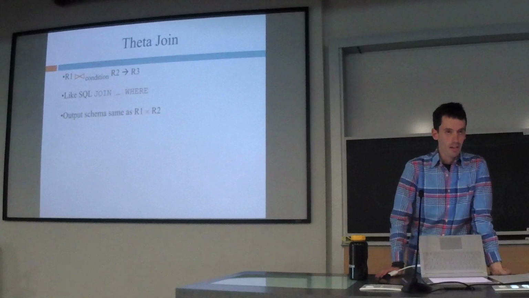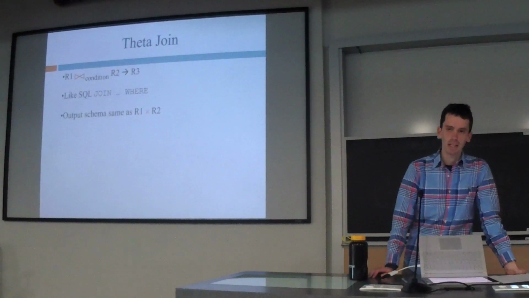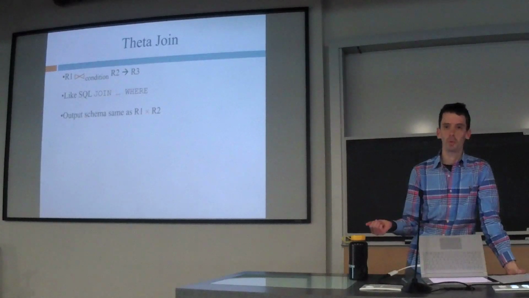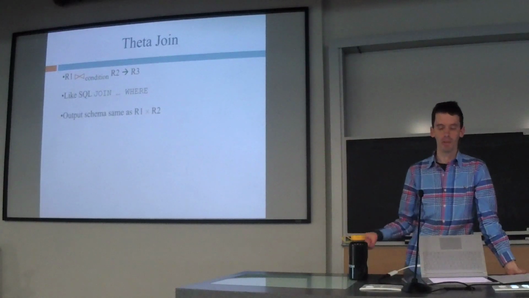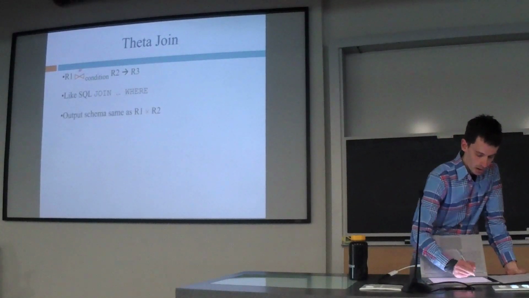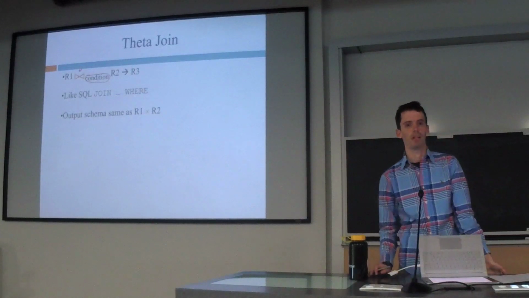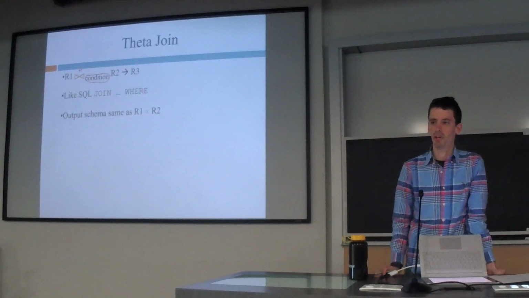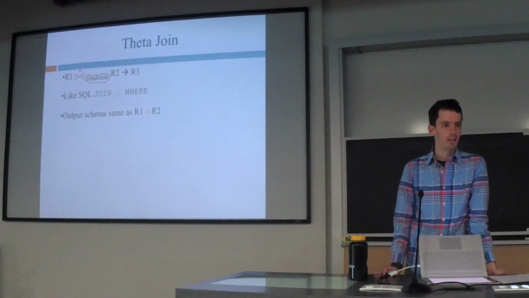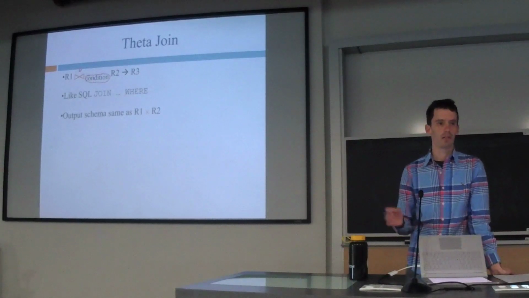Okay. Theta join is kind of just like a plain old SQL join with a condition. So theta join is the same sort of symbol, but then you put a condition in subscript, like card num greater than 12 or whatever. Okay. So the output schema is the same as the cross product.